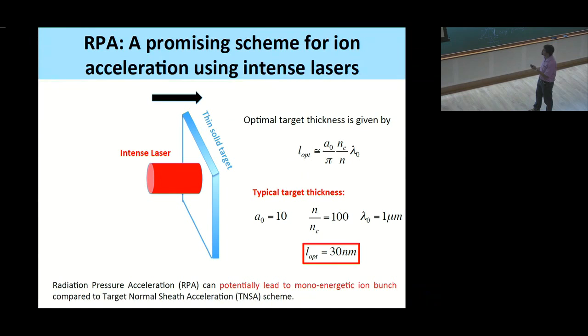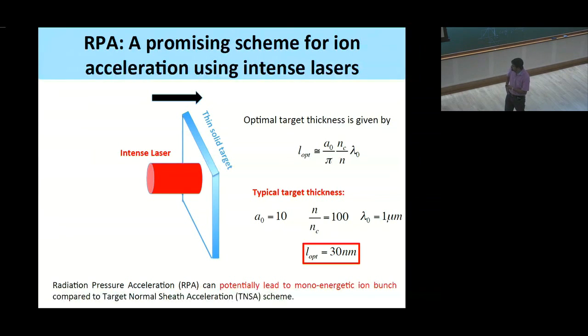To get an estimate of the typical thickness, if you take a naught of the order of 10, that means roughly an intensity of 10 to the power 20 watts per centimeter squared for a 1 micron laser, and a target 100 times critical density, which is close to solid density, your optimal thickness comes out to be about 30 nanometers. So you need a very thin target to drive this kind of acceleration.